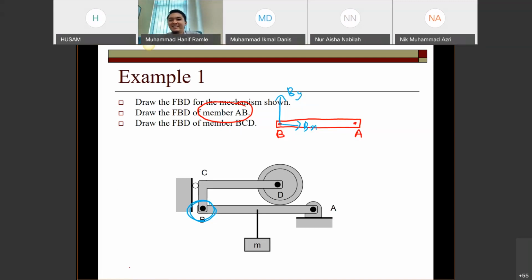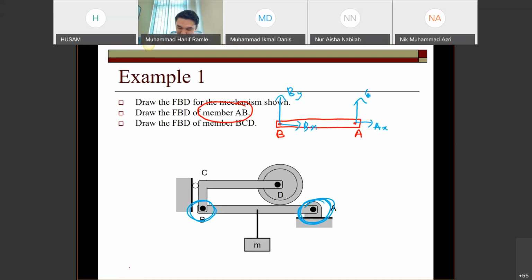For point A, one reaction? No, x-axis. Okay, it's okay, this is a learning process. So point A also has 2, because it is a pin system. Okay, 2 as well.